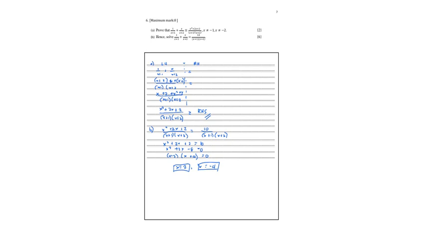Okay, for number 6, we have to prove that 1 over x plus 1 plus x over x plus 2 equals x squared plus 2x plus 2 over x plus 1 times x plus 2, where x is not equal to 1, negative 1, or negative 2. So we can choose which one to solve, either make the left hand equal to the right hand or the right hand equal to the left hand.